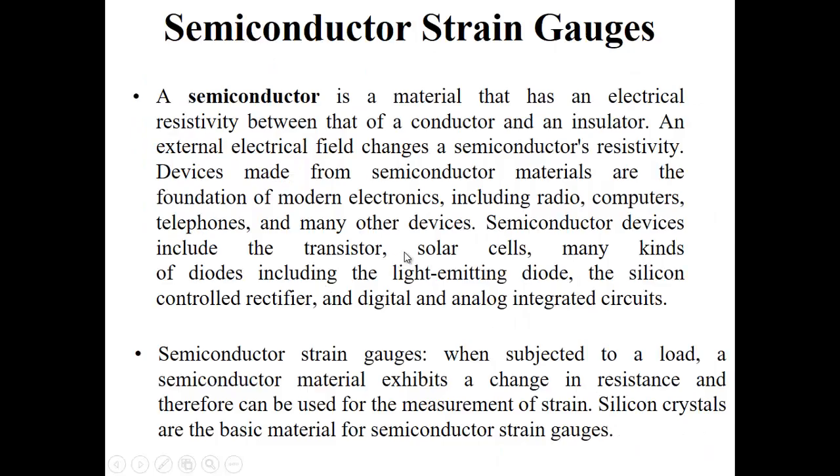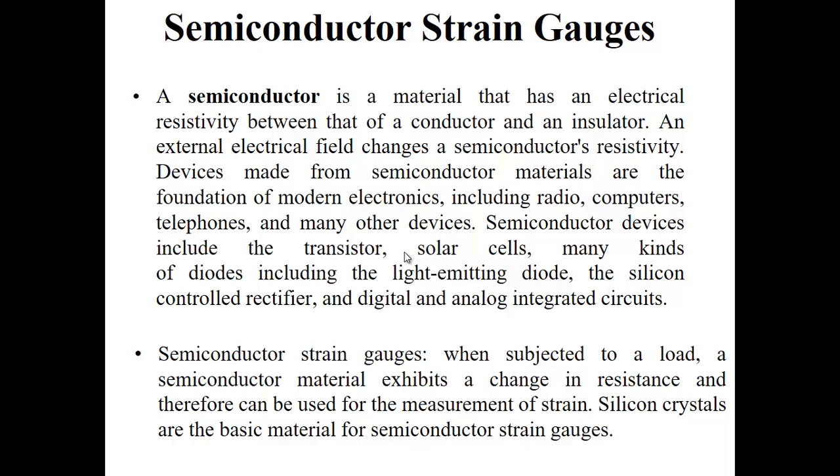Okay, now before we go to metallic, now we want to go to the semiconductor strain gauge. A semiconductor is a material that has an electrical resistivity between that of a conductor and an insulator. An external electrical field changes a semiconductor's resistivity.